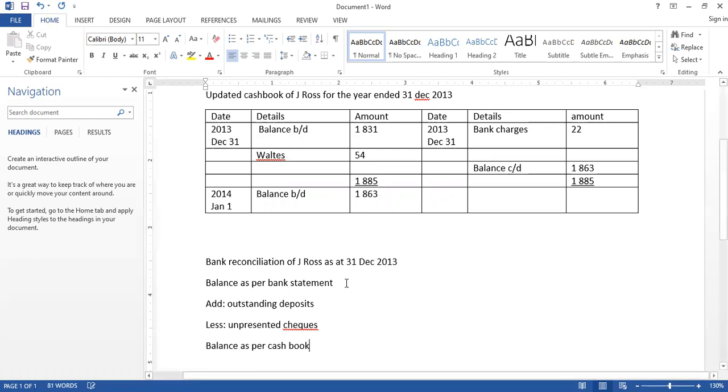So that is the format of a bank reconciliation statement. Okay. Now we go to our information.